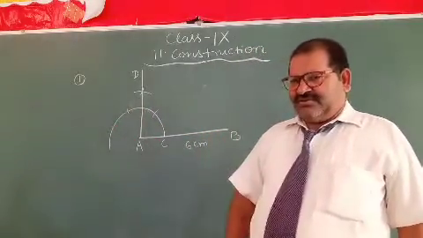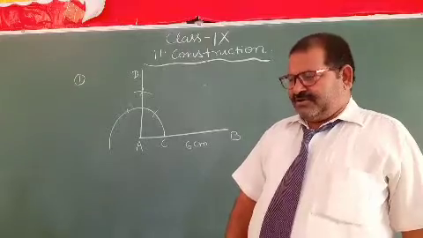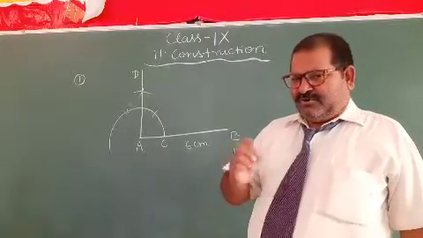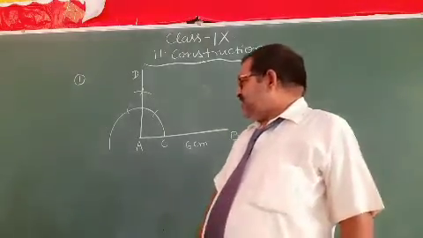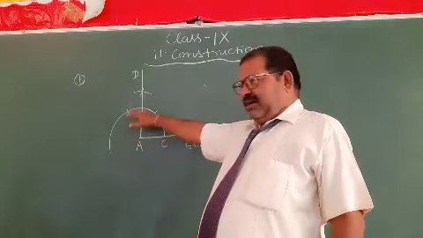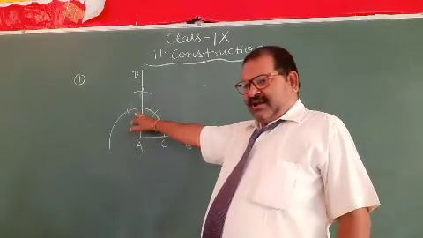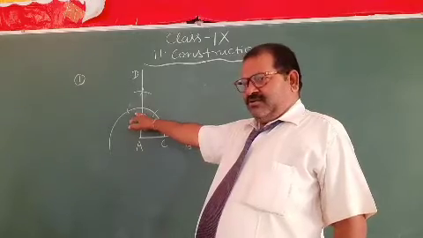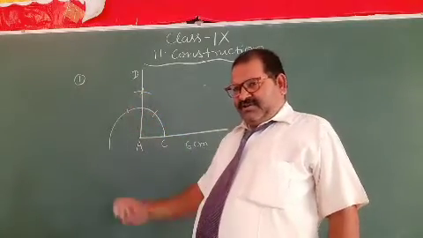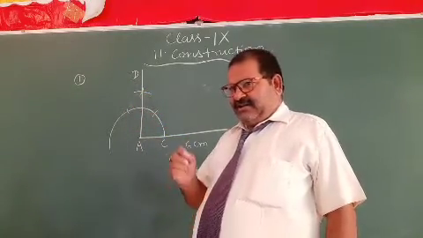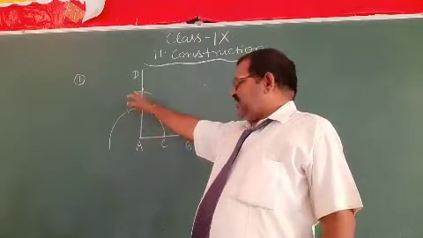Number 4, take more than half distance of the arc and draw the arc above it, and they intersect.